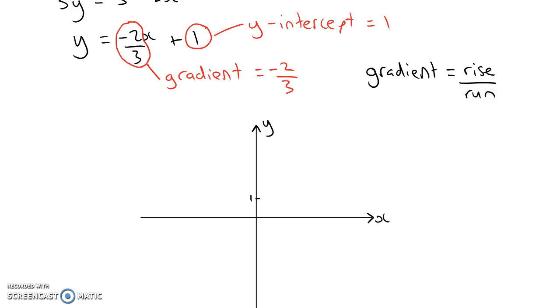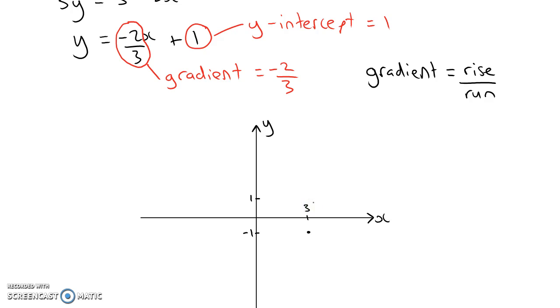So our rise is -2, so we're actually going down 2, and our run is 3. So we can start at our point 0, 1, move down 2, which would take us to -1, and then our run is 3, so we're going across 3. So we'll go 1, 2, 3, and we'll make a little point there.